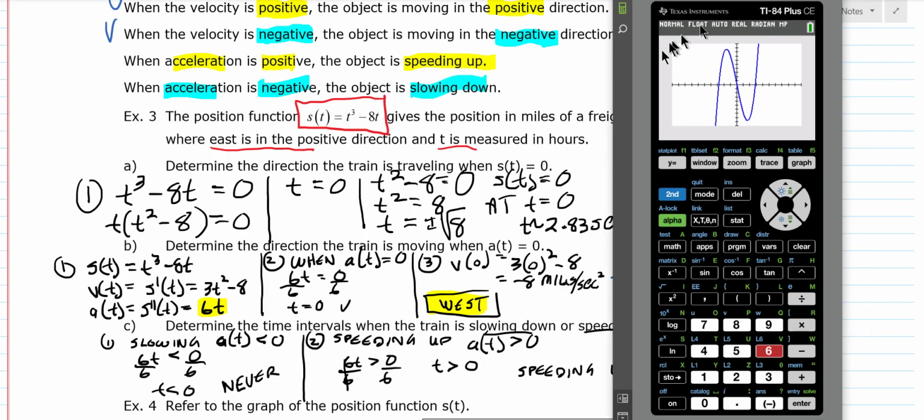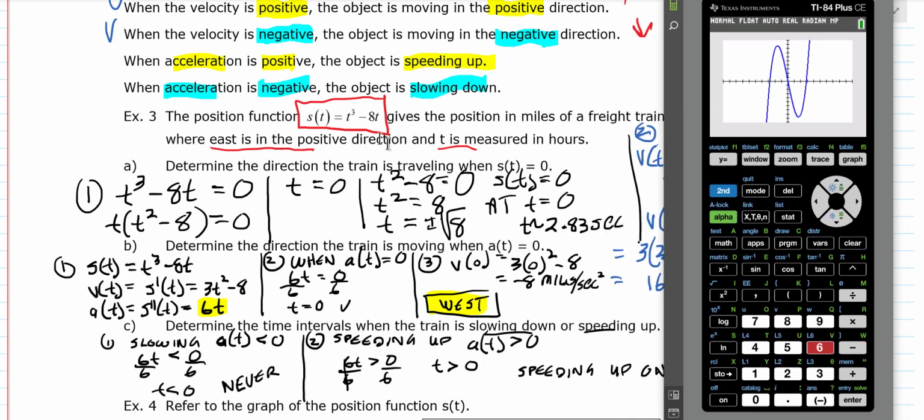Okay. So if you look at what we found here, we were determining the direction the train is traveling when s of t is equal to 0. So s of t was equal to 0 at 0, and I think we also found 2.83. So notice if I trace at 2.83, that was about the square root of 8, then you can tell that's where that displacement is 0 because it has a y value of 0.